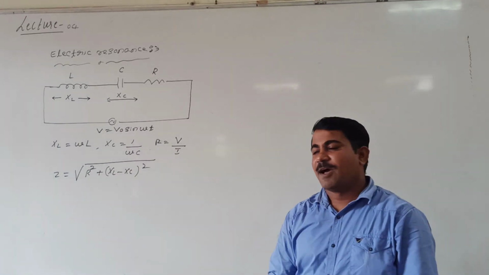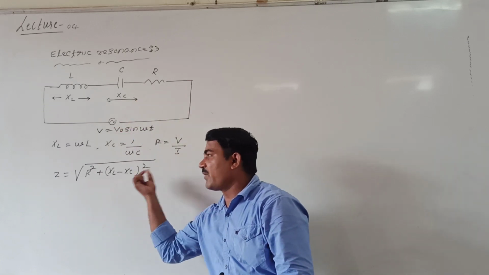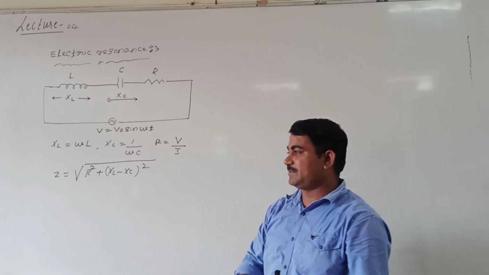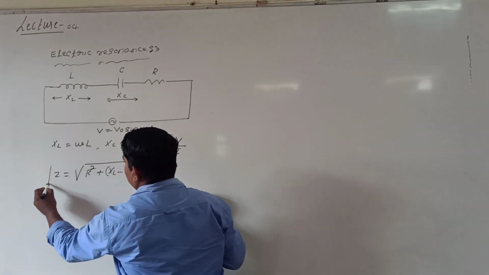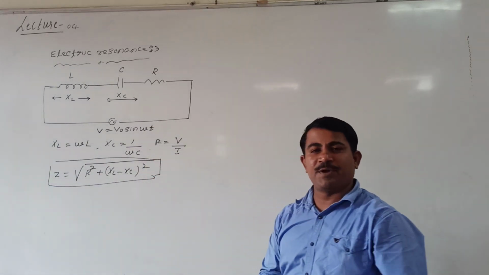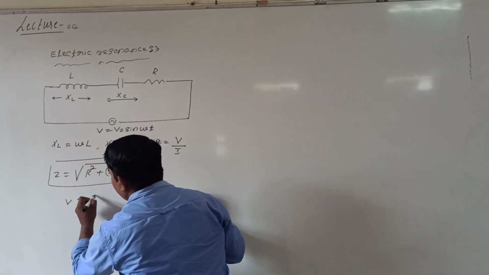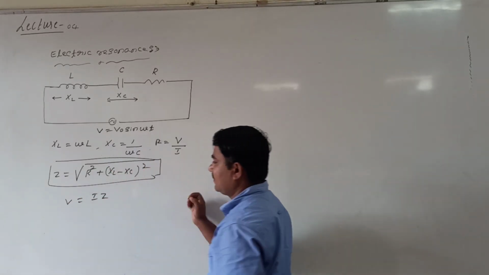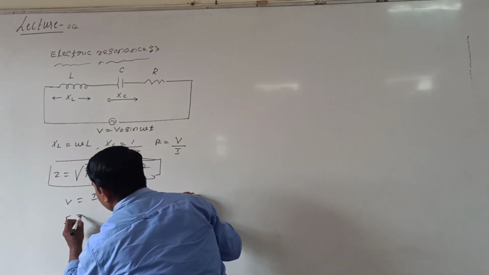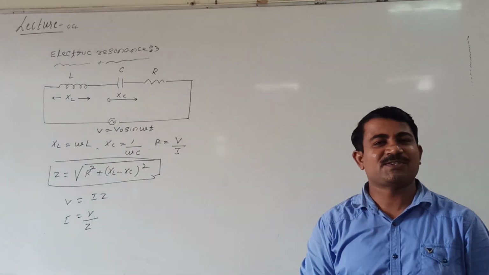This is the opposition offered by inductor, capacitor and resistance to flow of AC, which we are calling impedance of the LCR circuit. From this quantity we can obtain how much current can flow. We know that according to Ohm's law, V is equal to I into Z. Last class we replaced. What is the I value? I is equal to V divided by Z. Right.